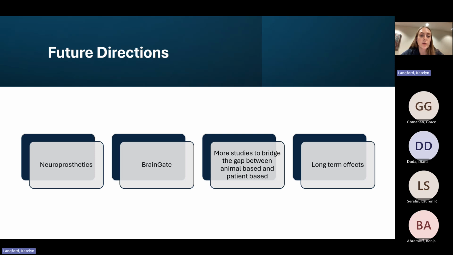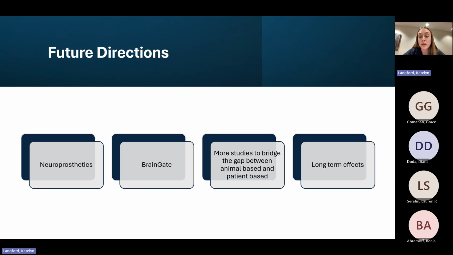So in terms of future directions, I think for bowel and bladder, given these current hypotheses of unknown mechanisms of action, but involving central activation and excitation of the micturition circuitry, there could be an interesting future of promotion of plasticity at the level of the spinal cord and long-term effects of these spinal cord stimulators on bladder function.